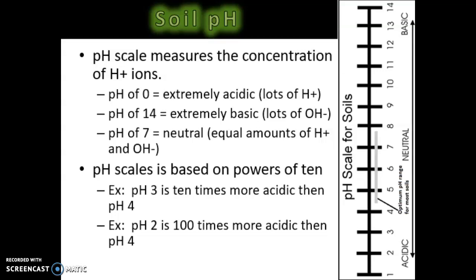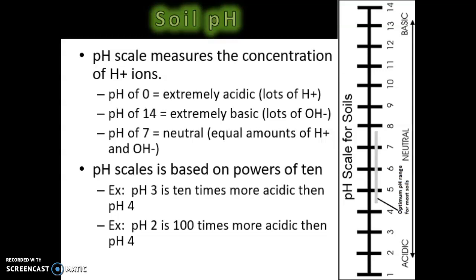The other thing that you need to know about the pH scale is that it's based off of powers of 10, which means it's a little bit misleading. If you have two acids, one with a pH of 3 and the other with a pH of 4, they may seem like similar strengths, but in reality, the acid with the pH of 3 is much stronger than the acid with a pH of 4. It's exactly 10 times more acidic.